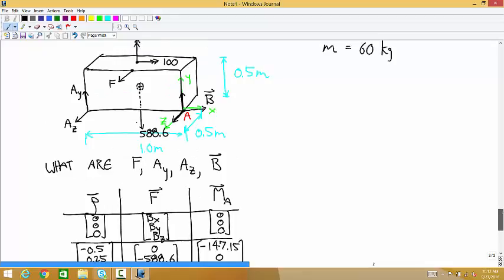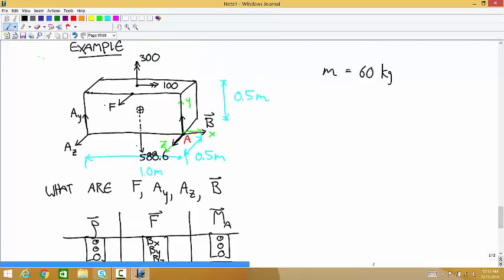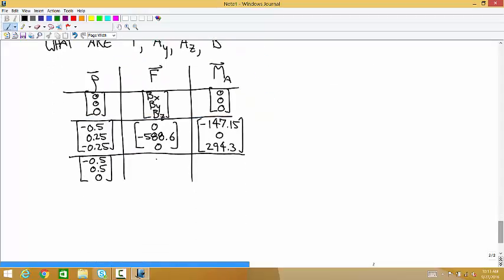And the force vector? It's in the positive z direction, yep, so 0, 0, F. So you get 0.5 F, and then positive 0.5 F again for y, and then 0.